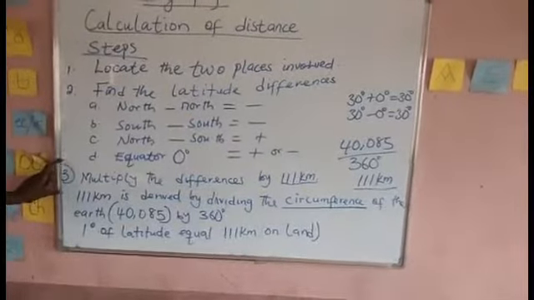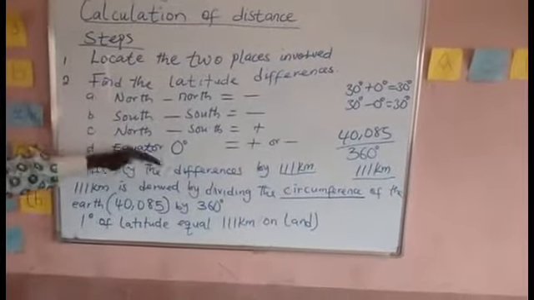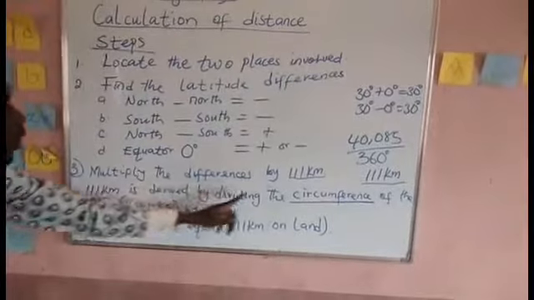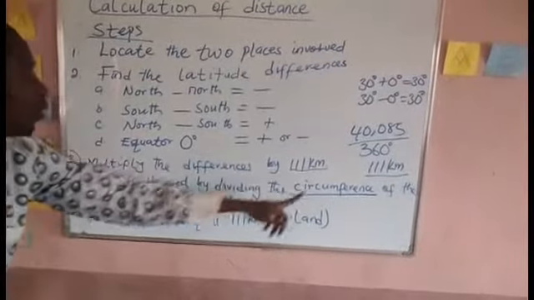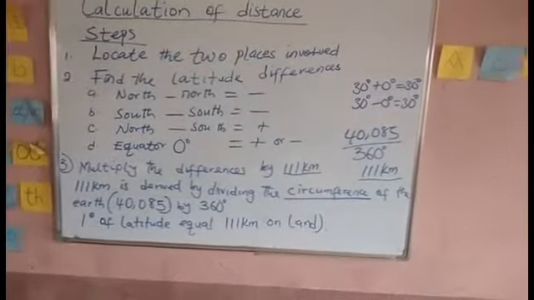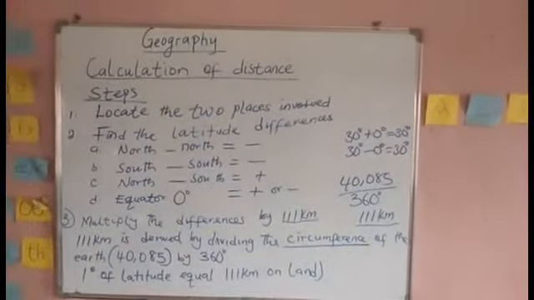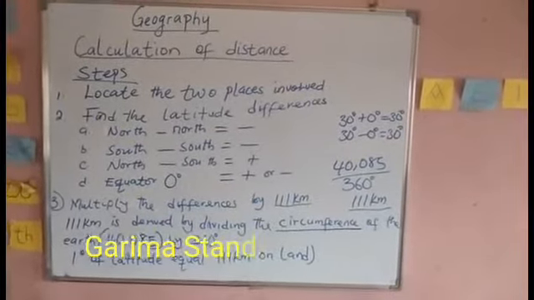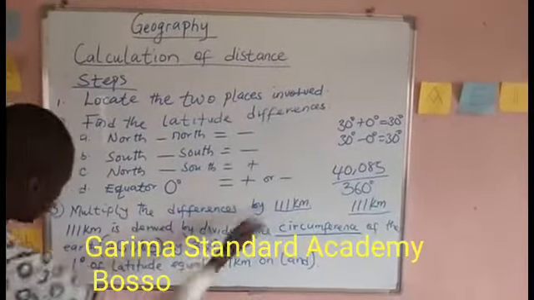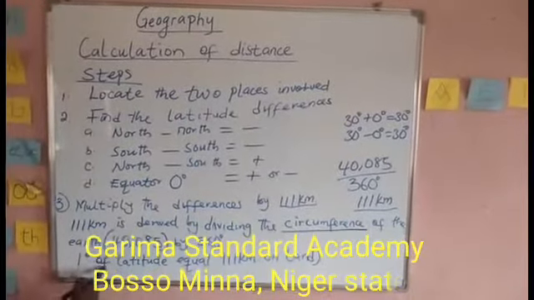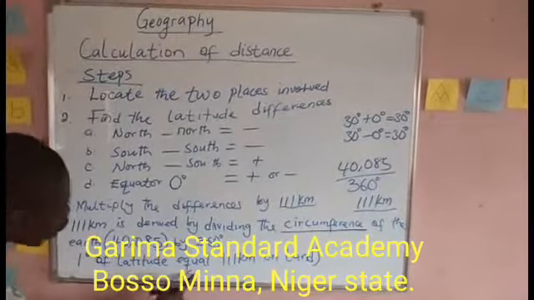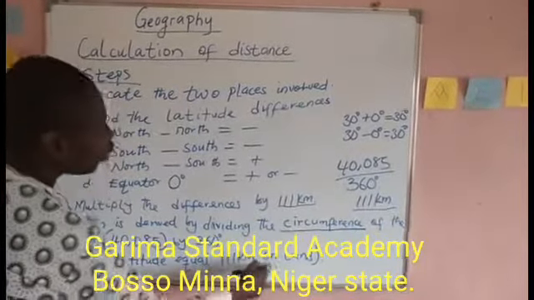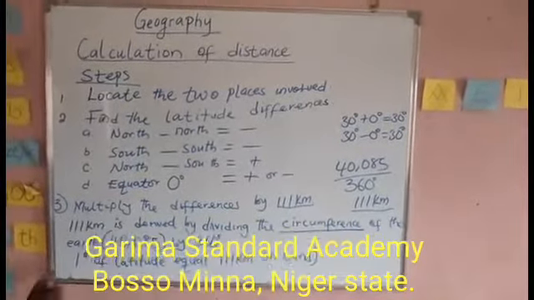So step number 3, having gotten your differences, you multiply the differences by 111 kilometers. Having done that, you can now successfully get the distance between one point and the other. In addition to this, 1 degree of latitude is equal to 111 kilometers on land.